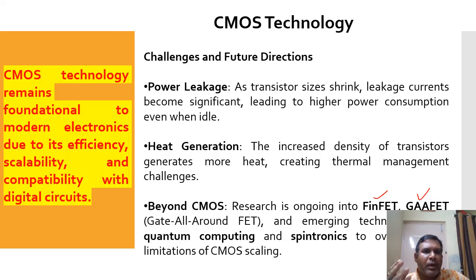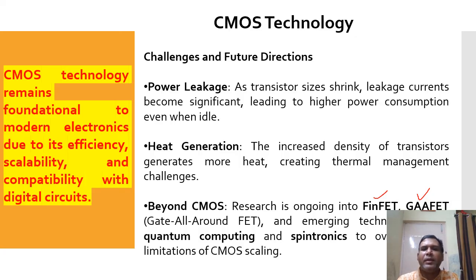So many researchers and industry people are working day and night to invent some novel technology, but the background is CMOS. Means we cannot ignore CMOS technology. Always we have to keep in our mind that this is like our grammar, vocabulary. CMOS is our English vocabulary. So we have to learn first the concept of CMOS.